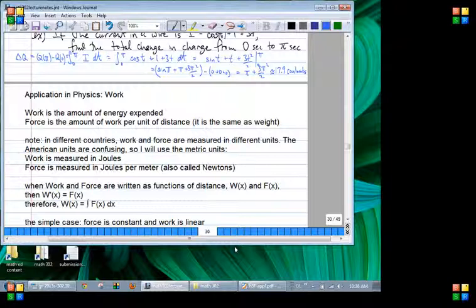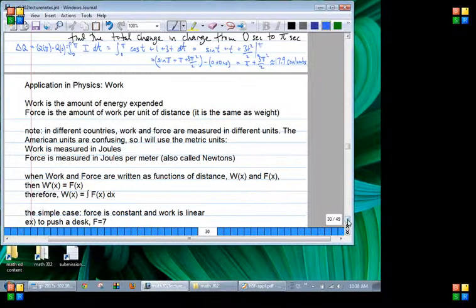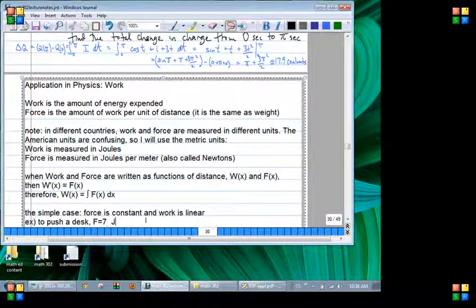Now before we get to the calculus case, let's take a moment to get used to the physics. Again, let's talk about the simple linear case. I'm going to push my desk, and that requires a force of 7 joules per meter.